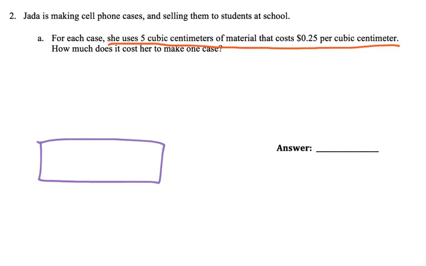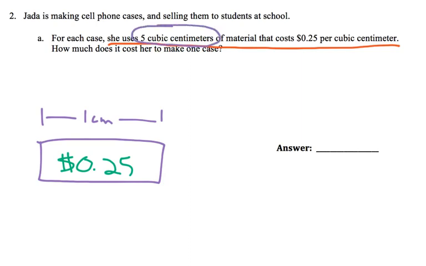So maybe this is 1 cubic centimeter of the material, like this nice material she wants to put on the phone, and it costs 25 cents per cubic centimeter. But this little amount isn't enough for the phone. She needs 5 cubic centimeters. She needs 5 of these.